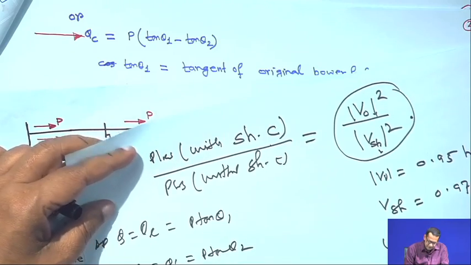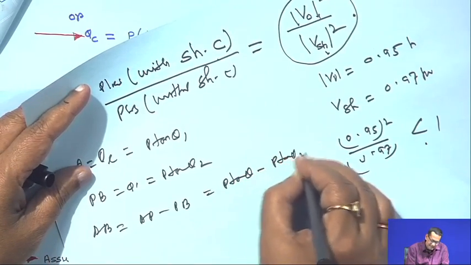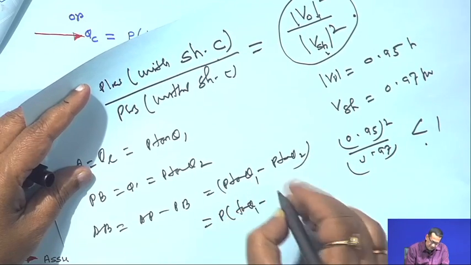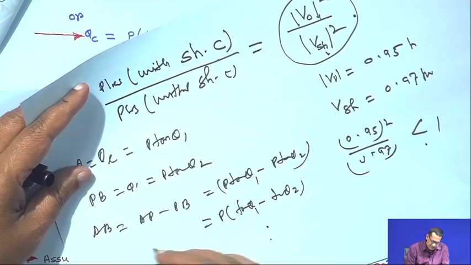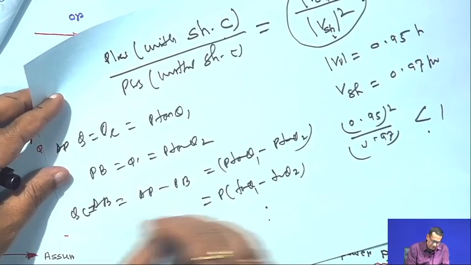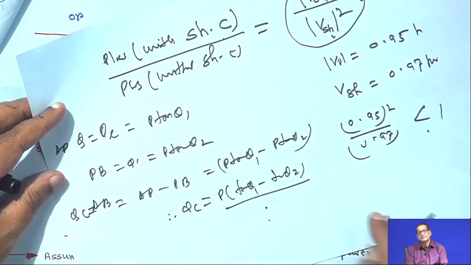So, AP is equal to P tan theta 1 minus P tan theta 2, which is P times tan theta 1 minus tan theta 2, and that is actually QC. Therefore, QC is equal to P tan theta 1 minus P tan theta 2.